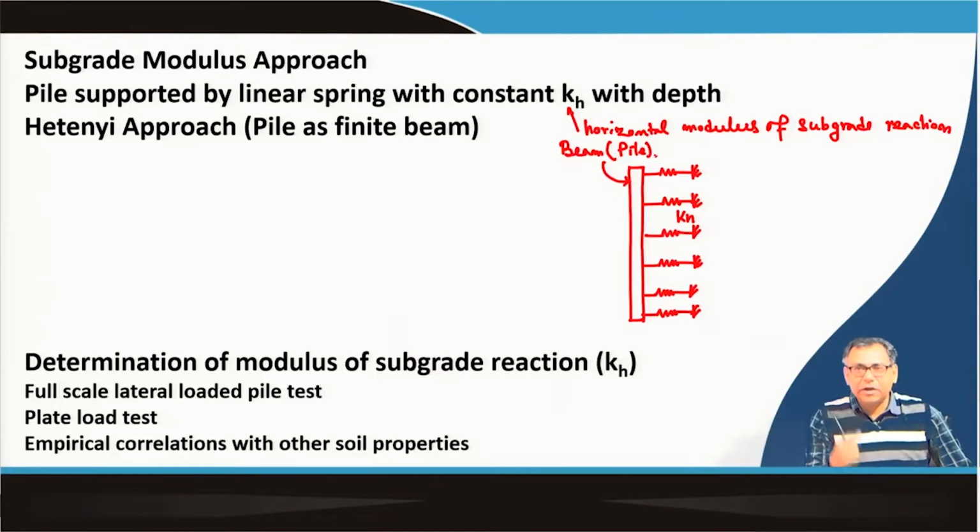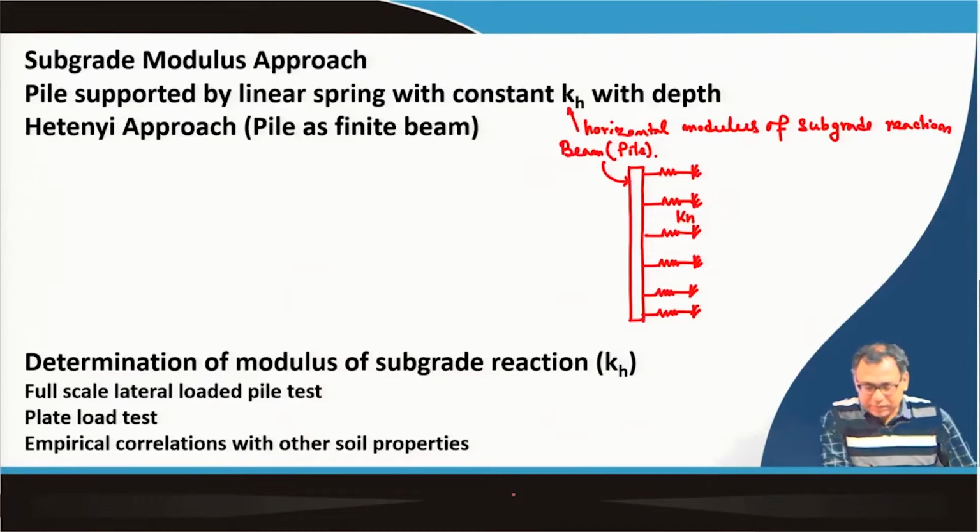Later on I will explain when a beam is called a long beam or a short beam, as I gave during my presentation on shallow foundation, and how the pile will be treated as a long pile or short pile. Based on that we have to consider a finite beam or semi-infinite beam.